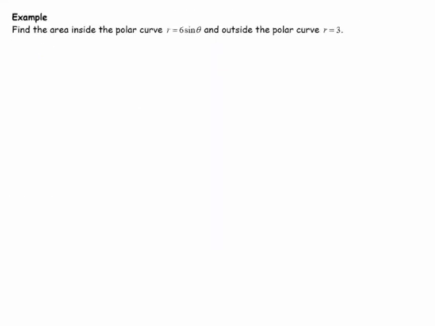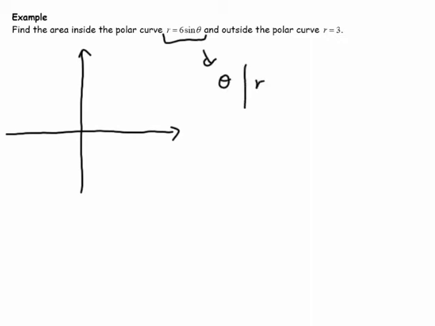Alright, let's find the area inside the polar curve given and outside the polar curve r equals 3. Alright, so let's just see if we can sketch these curves on our own without any help from the calculator. Some of you might immediately recognize this as a circle with a radius of 3. If you don't, you could probably reason it out just by taking a few simple points. If the angle is 0, sine of 0 is 0, and so my radius is 0, so I'm starting here.